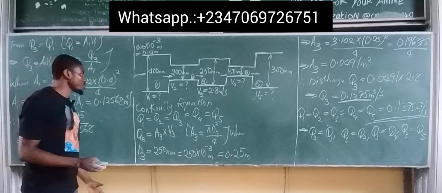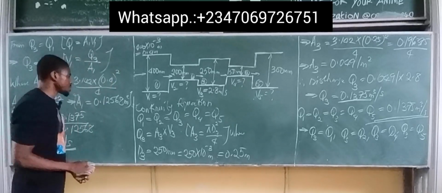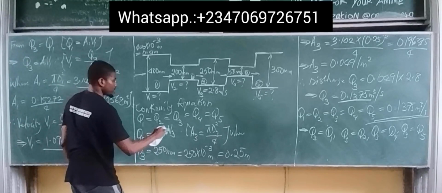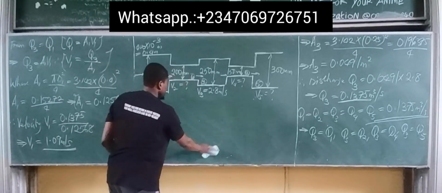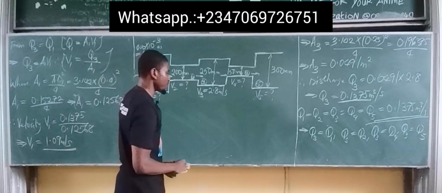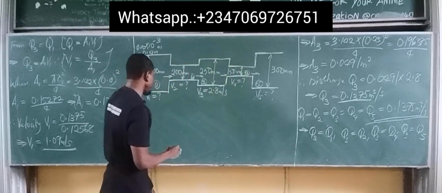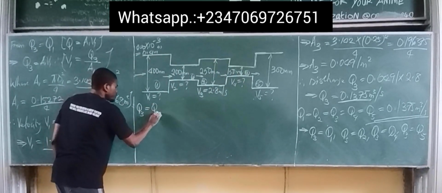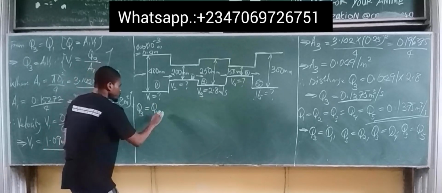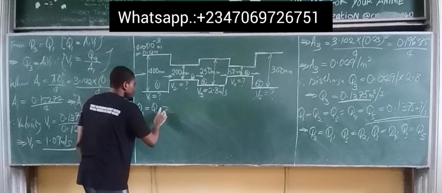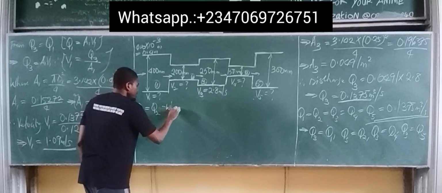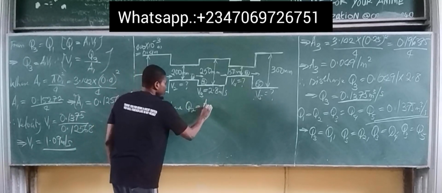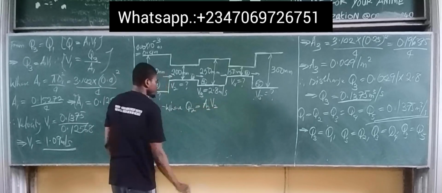Next is to find velocity in pipe 2. Okay, we can do that over here. Let me wipe here. Okay, so to find the velocity in pipe 2, we have also said that Q3 is equal to Q2 from the continuity equation, where Q2 itself is simply the area of pipe 2 multiplied by the speed in pipe 2.